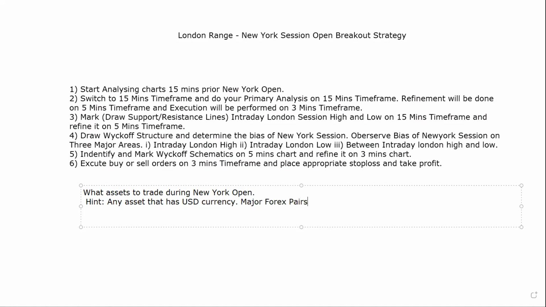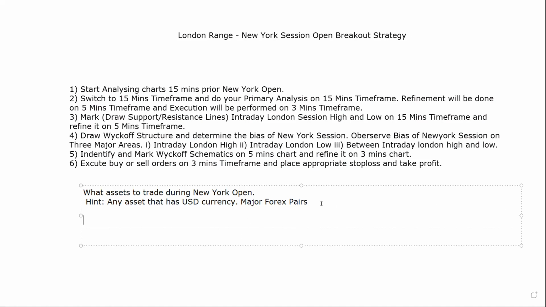Major forex pairs are Euro/US dollar, Australian dollar/US dollar, New Zealand dollar/US dollar, Canadian dollar/US dollar, GBP/US dollar, and USD/JPY. So if you just Google major forex pairs, you will see the list.